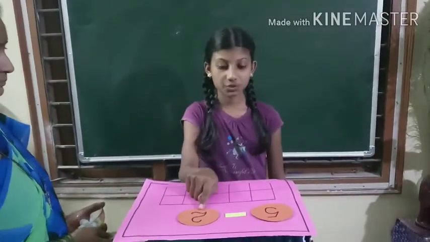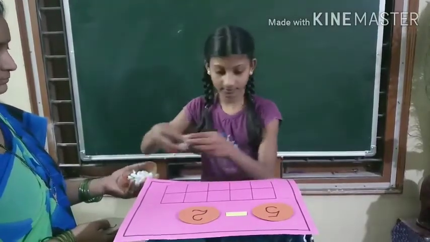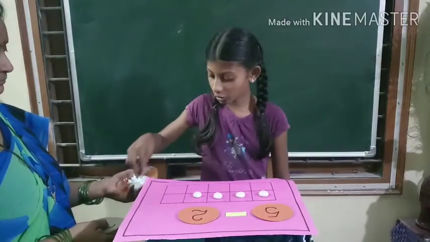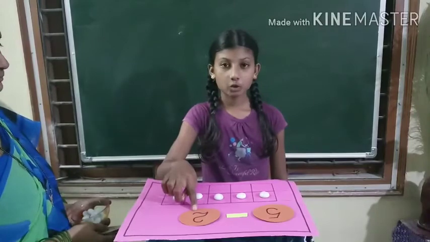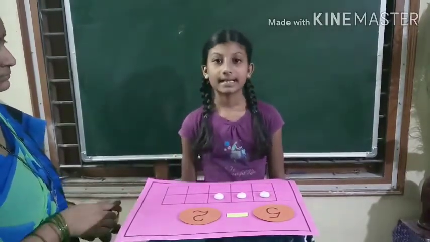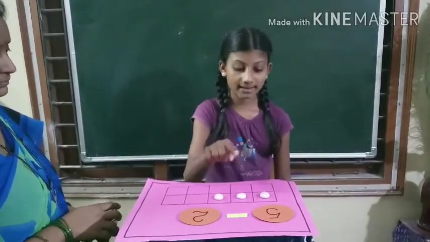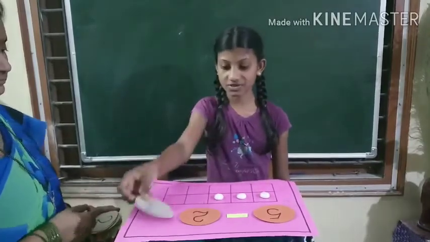5 minus 2. Let us put 5 pebbles. 1, 2, 3, 4, 5. Take away 2 pebbles. Let us count how many pebbles are left. 1, 2, 3. 5 minus 2 is equals to 3.